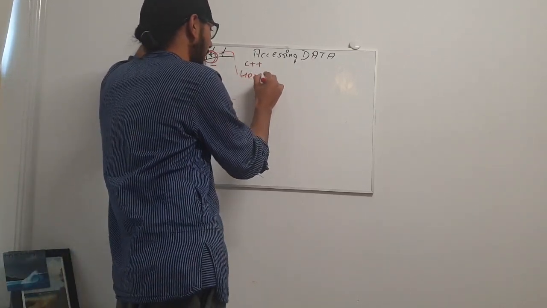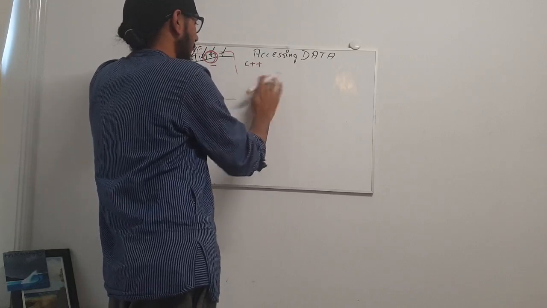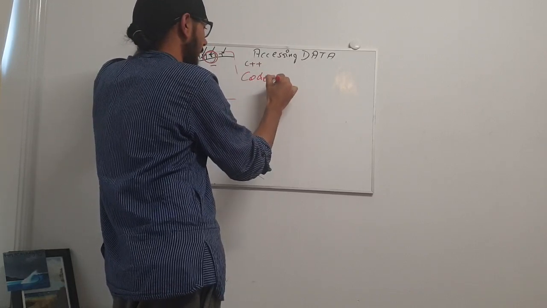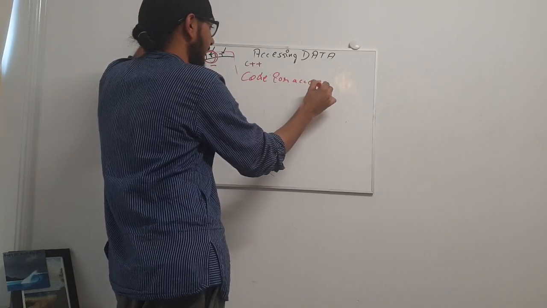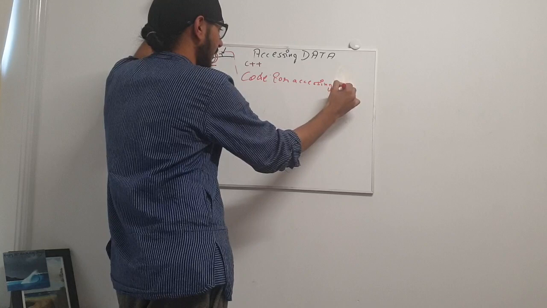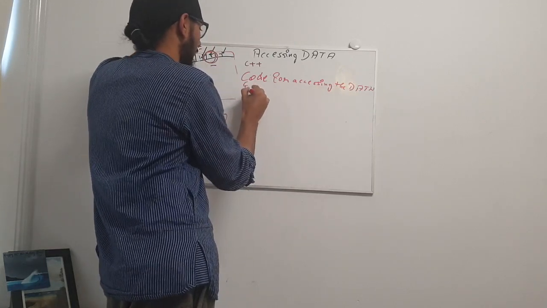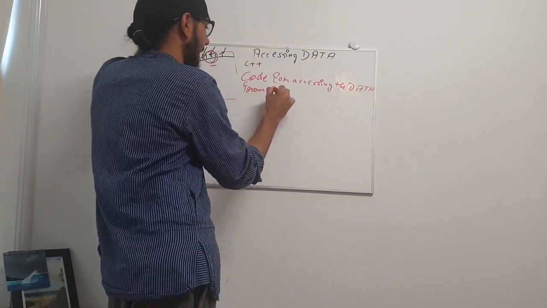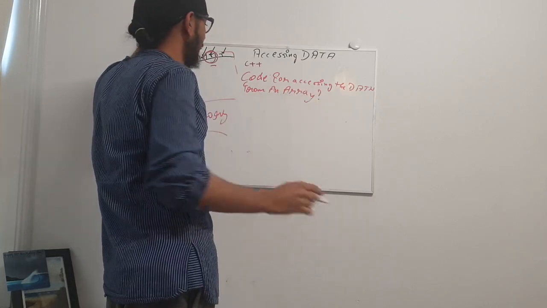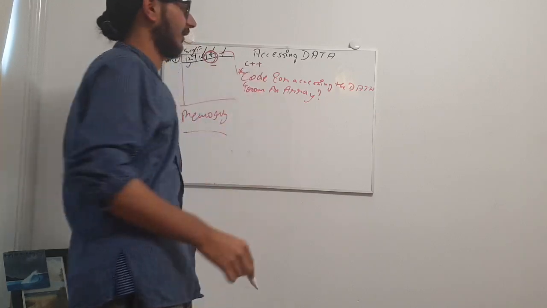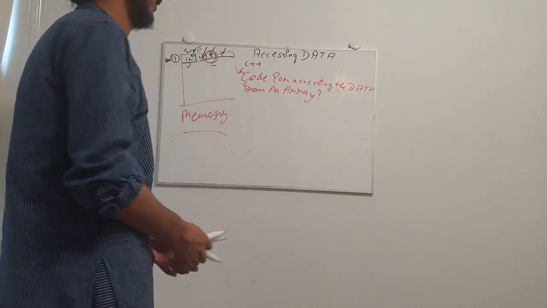What is the code for accessing the data from an array? This is kind of homework for you guys to do and put in the comment section.